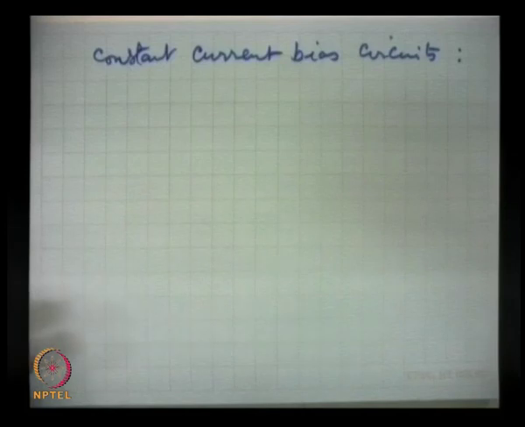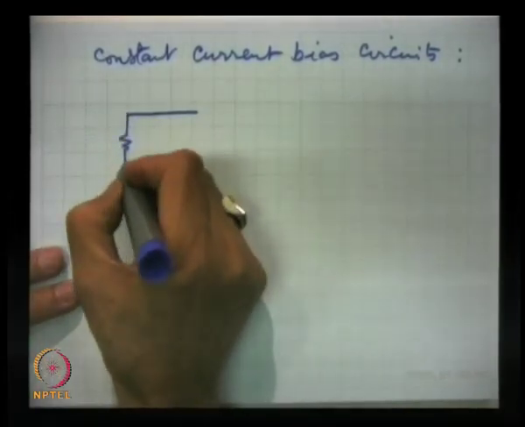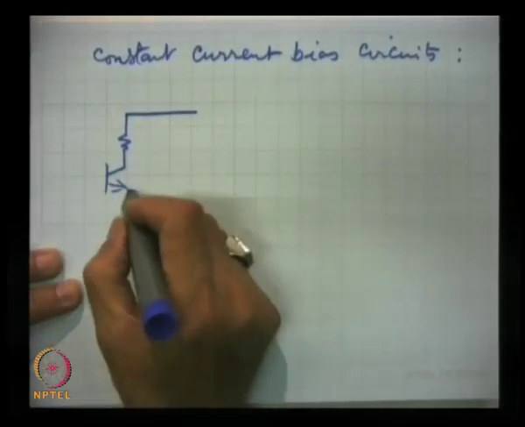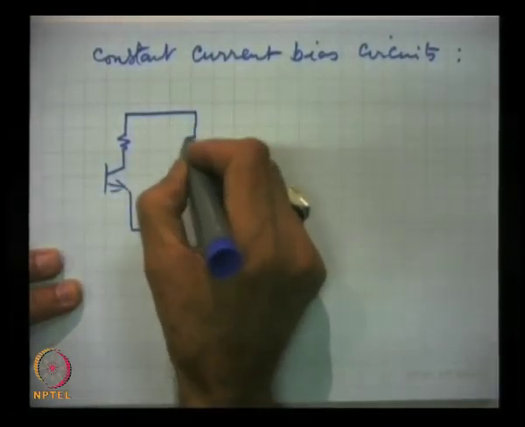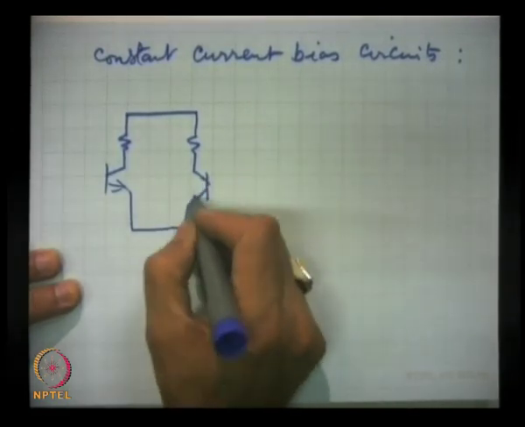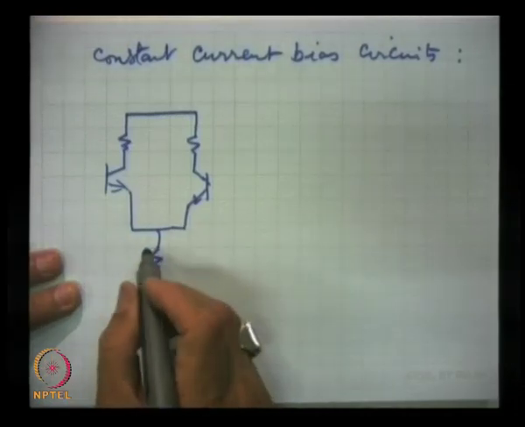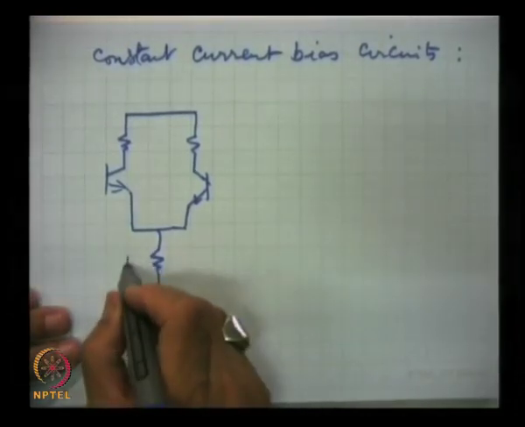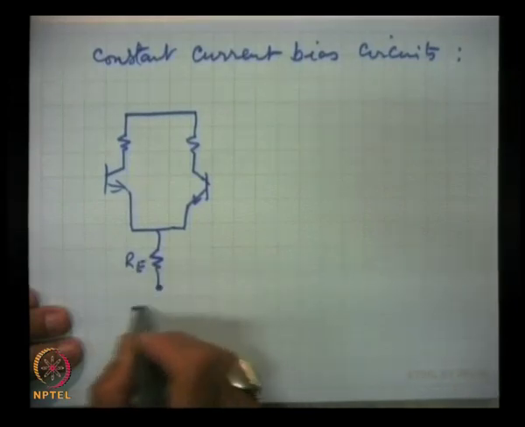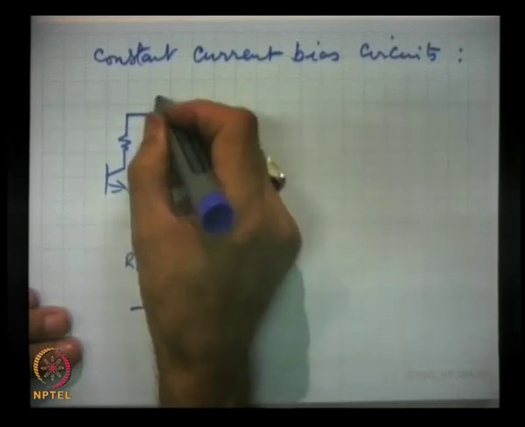In the conventional design, which we have been taking as the basic differential amplifier, this resistance Re and this voltage form the constant current.